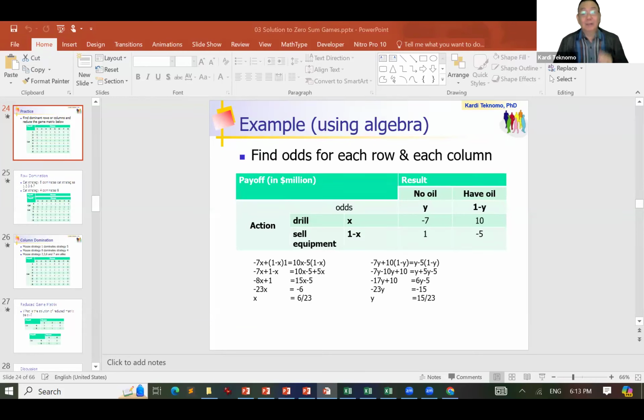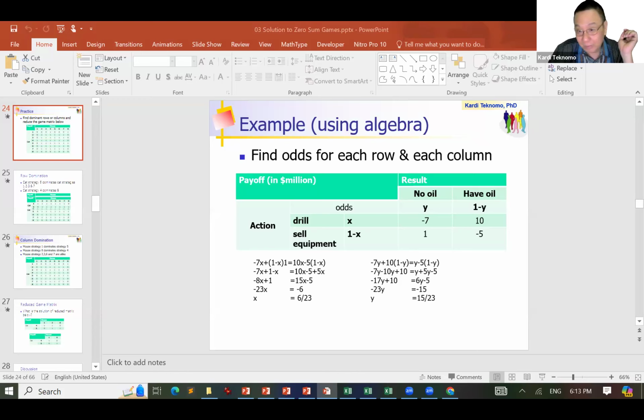This is how you compute. A while ago, in this game of the oil company, you cannot find the saddle point, isn't it? So how will I find the ratio?